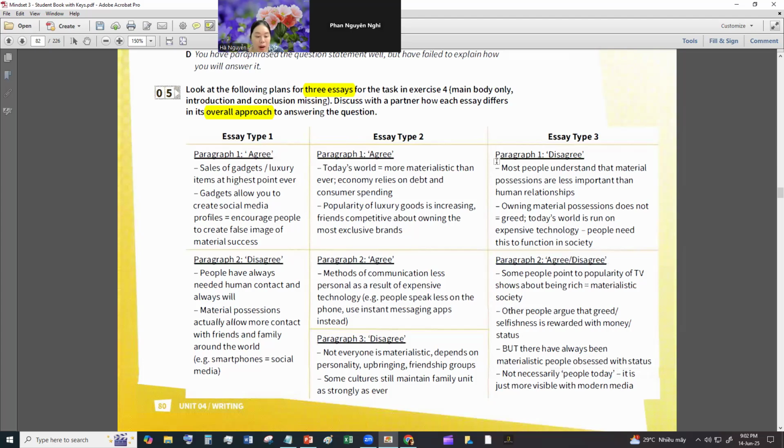What might be the overall opinion of the writer? So what is included in each essay type? How many paragraphs are there? What does each paragraph do? What do you think is the overall opinion of the writer?